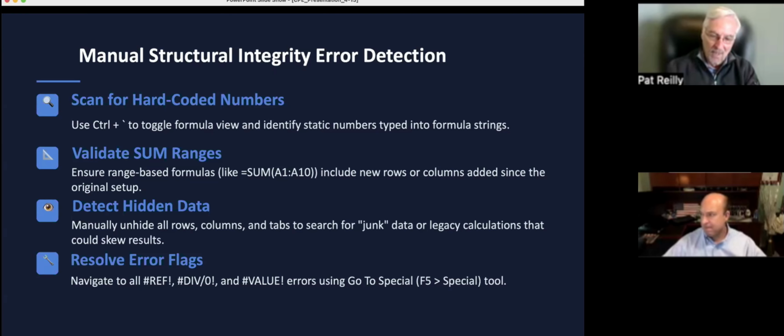Clicking on it begins to show you what the errors are. It takes you right to those cells, lights them up, so you can see what in the formula is broken or what's going on.